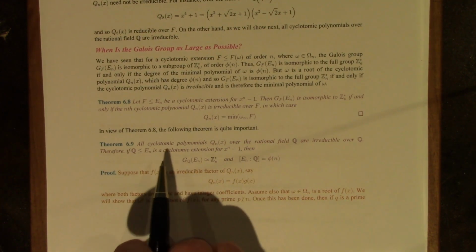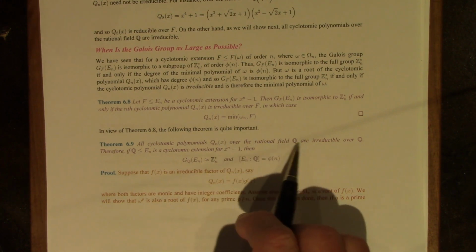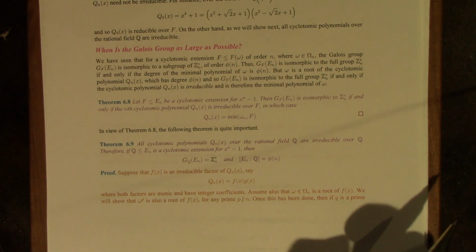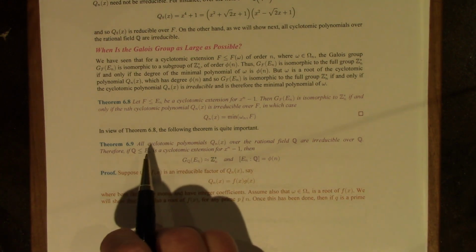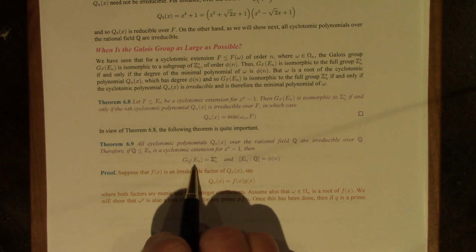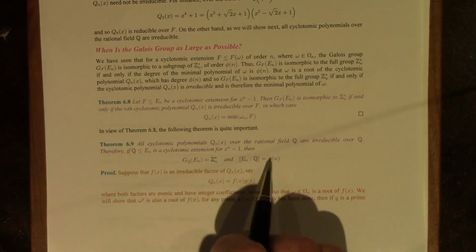Well, as I said before, all cyclotomic polynomials over the rational field are irreducible over Q. And so when we have a cyclotomic extension over Q, its Galois group will be the full group Zn star and will therefore have degree phi of n.